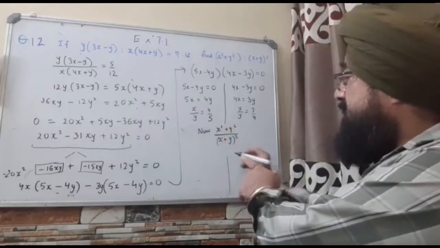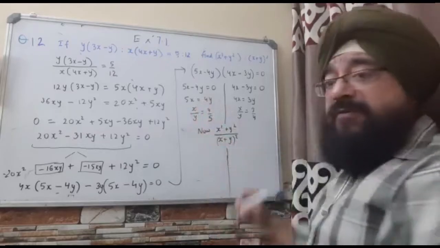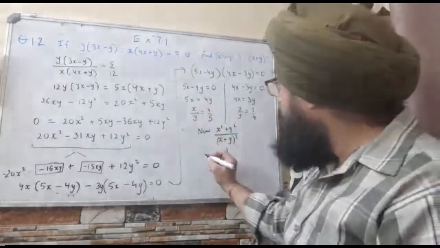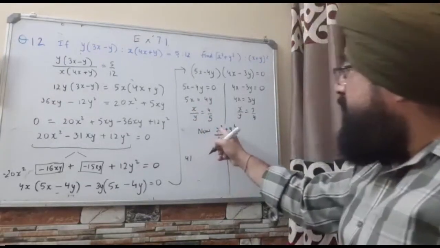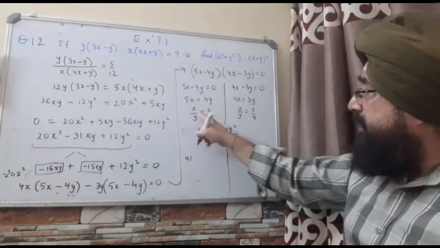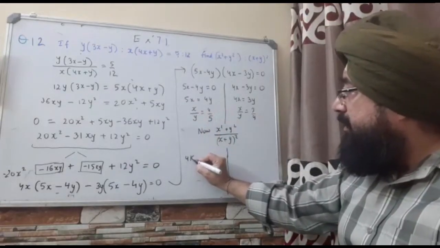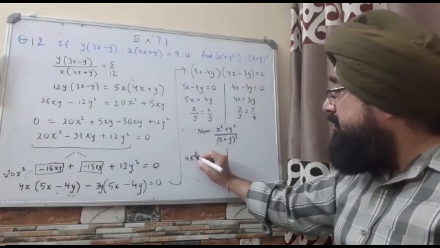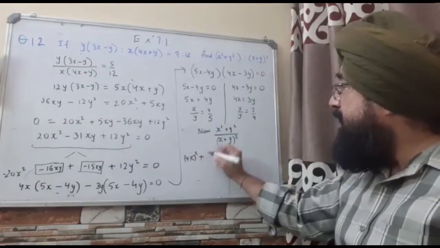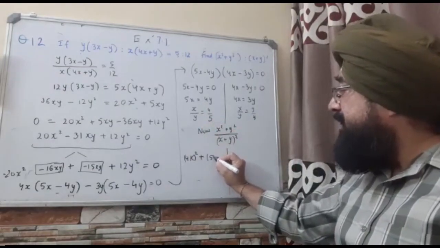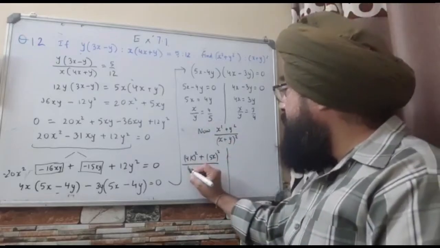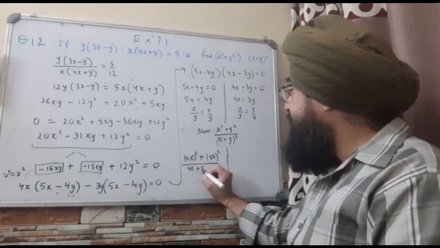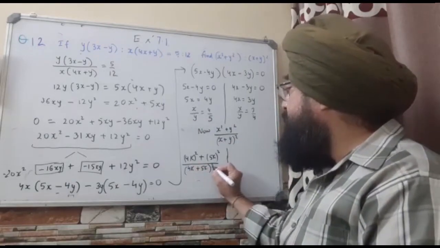Putting x as 4k and y as 5k, we get 4k whole square plus 5k whole square over 4k plus 5k whole square.